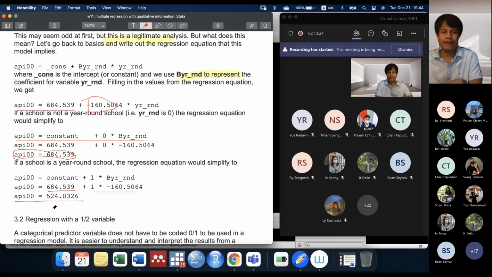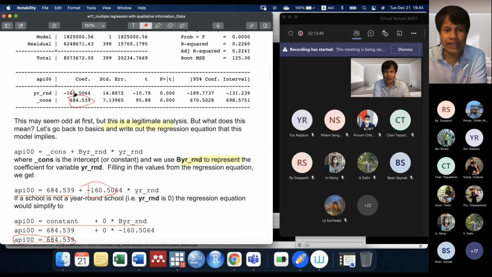Here is the slope, the value for schools which are year round. So you see that schools which are year round have lower academic performance than schools which are not year round.